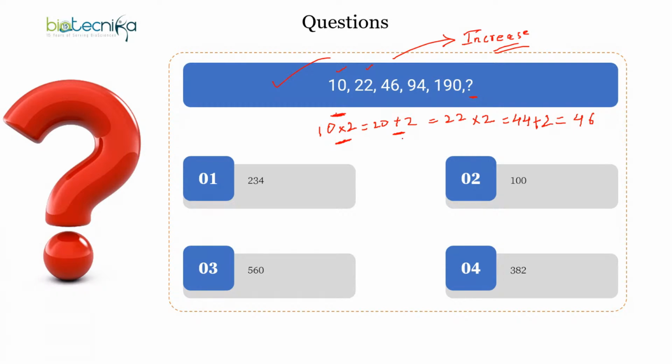So 94 into 2 plus 2, I'll get 190. And 190 into 2 plus 2, my answer will be 382. Right? My correct answer will be 382.